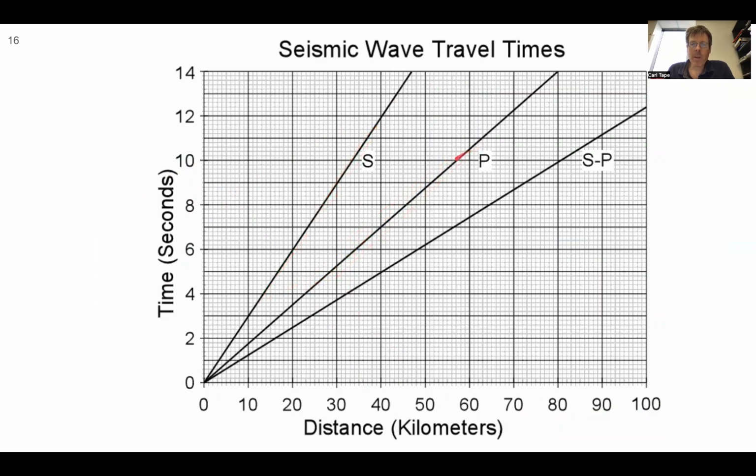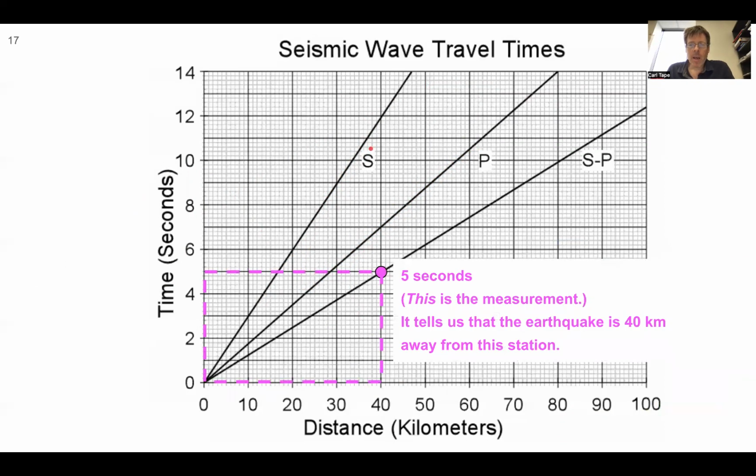So the P wave here travels faster than the S wave. And the measurement that's made as an example here is the difference between the S and P travel time. The S time comes later, the P time comes sooner. And the difference here, as an example, this would be 5 seconds. This is the measurement that we make off the seismogram.